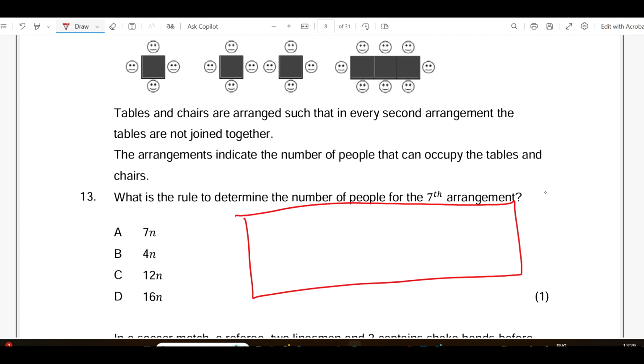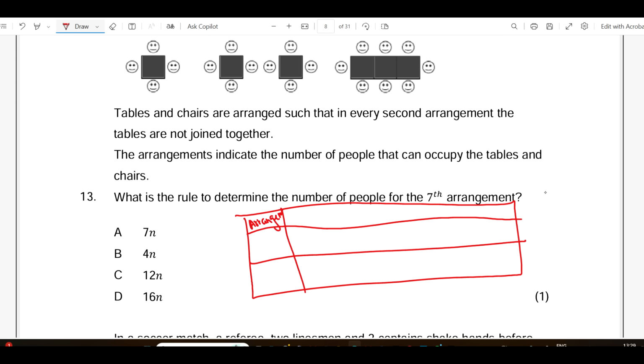So this is for arrangements and the number of tables. Arrangement, number of tables, and the number of people.